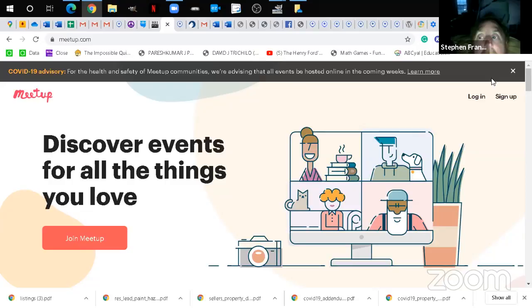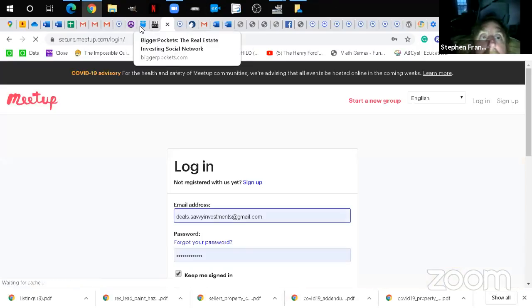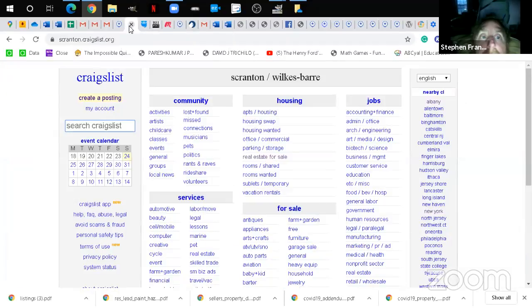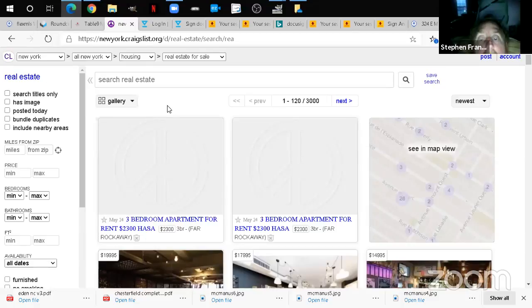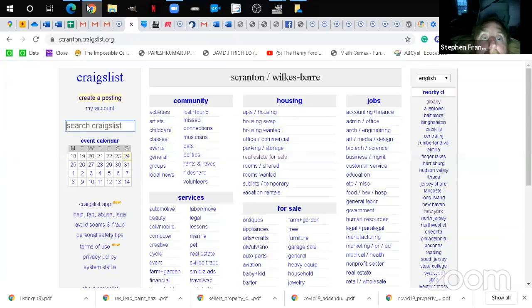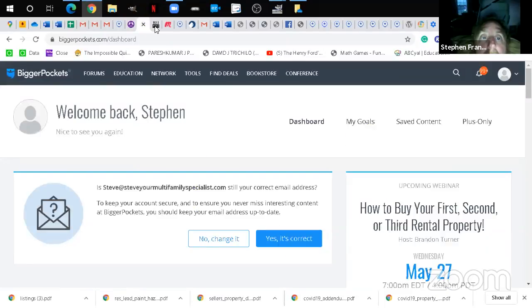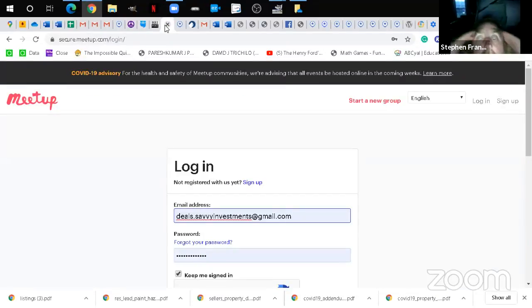I'll do a single blurb about a bunch of properties. So it's Craigslist for Scranton, and Craigslist for whatever big city is near the deal. If the deal is on the West Coast, then I'm posting it on LA's Craigslist. And then I'm doing it on BiggerPockets, REI Posts, and Meetup.